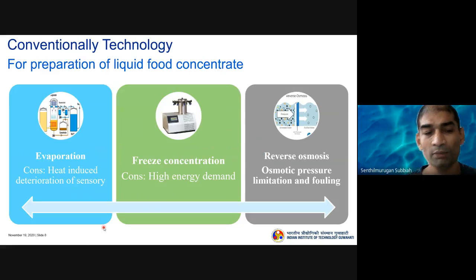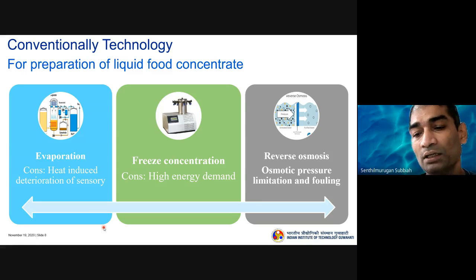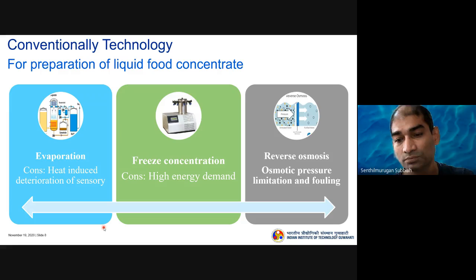Coming to conventional technologies, as I said, there is evaporation, freeze concentration, and also reverse osmosis. In the reverse osmosis process, fouling is one of the limiting factors, and also the osmotic pressure.